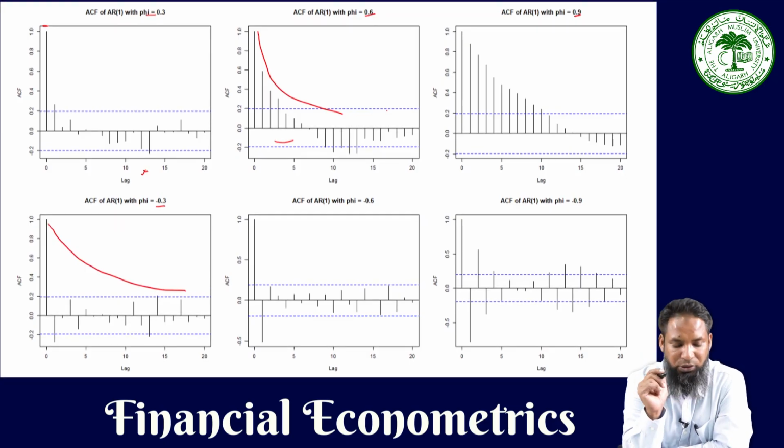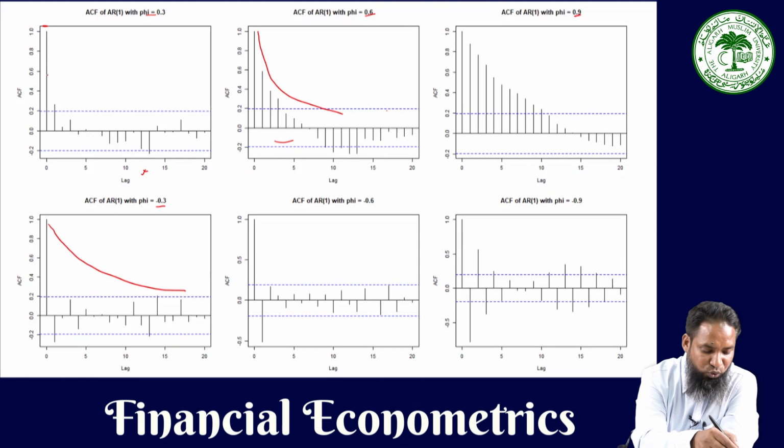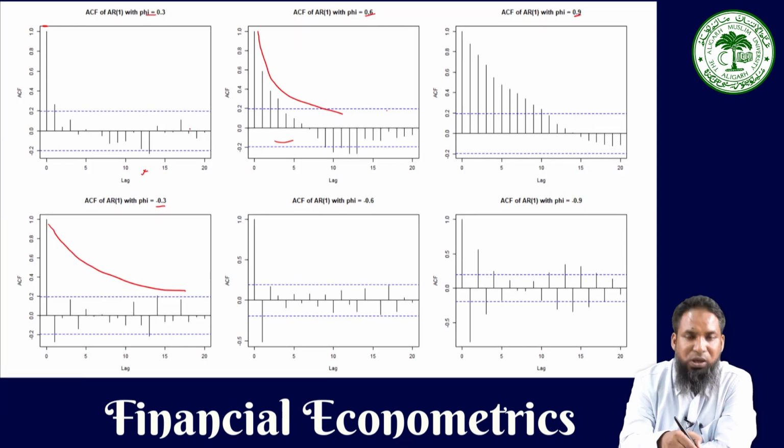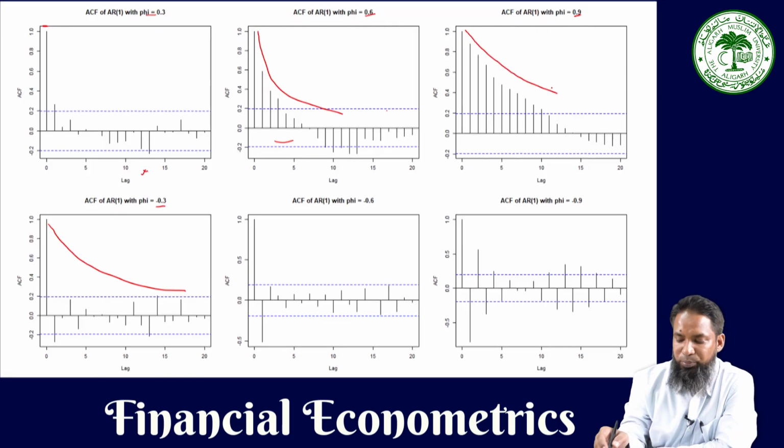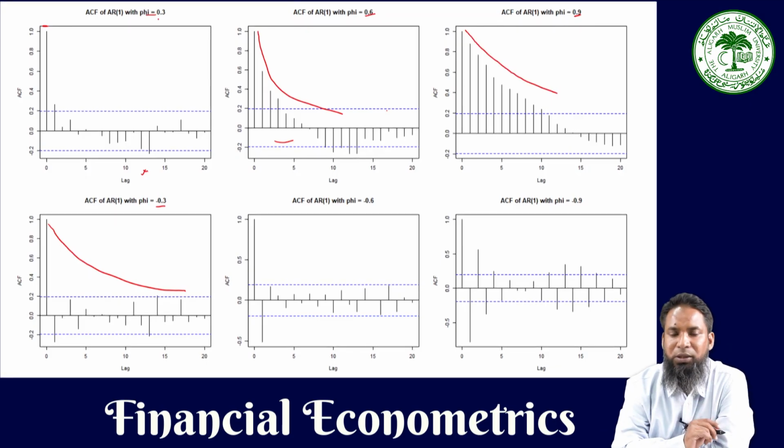However, another thing you can notice is that the lower the value of phi, the higher the speed of decaying. Here you can see it quickly starts moving towards 0. However, when phi is close to 1, we can see it is decaying, but the speed of decaying is slow compared to when the value of phi is smaller.